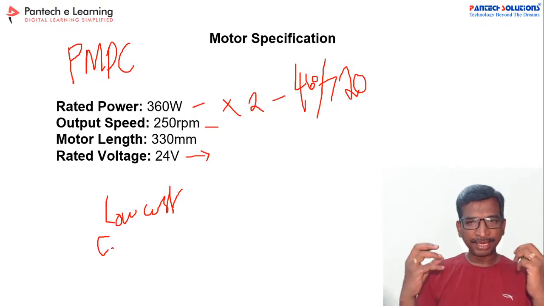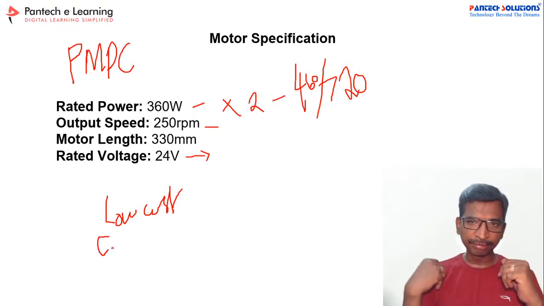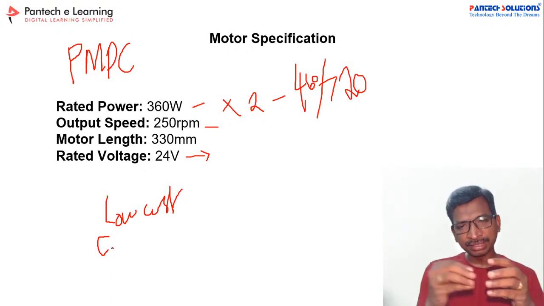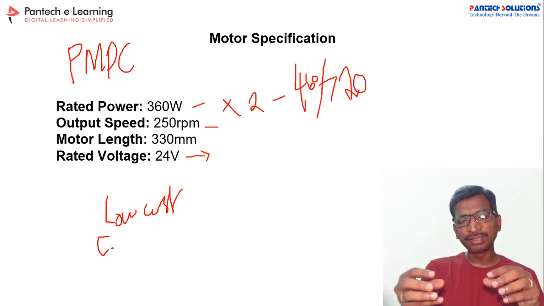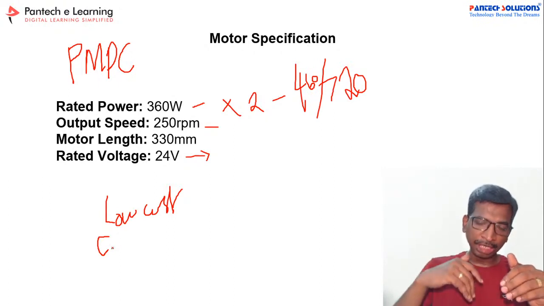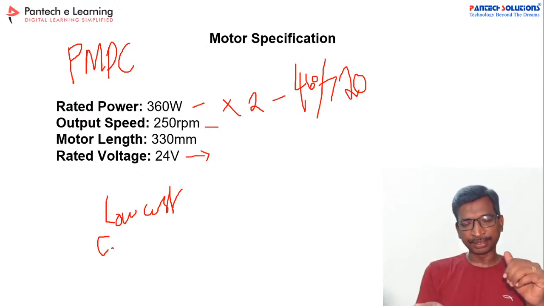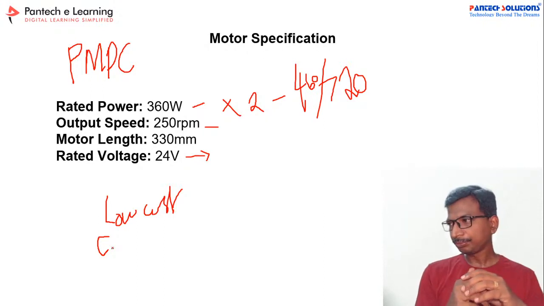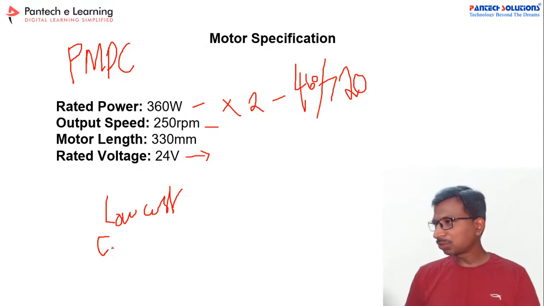My intention is to give you the complete idea, like schematics and source codes, everything, so that you are able to reproduce the hardware. In that aspect I have chosen this motor. Now you can ask your questions. What is the battery capacity? How to choose the battery?